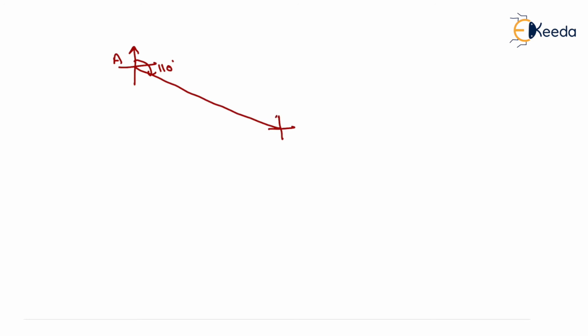That is station B. Now from B to C the angle is 165 degrees, so we will mark 165 degree like this and reach C. Now from C the angle is 225 degree, so we mark 225 degree like this and reach station D.